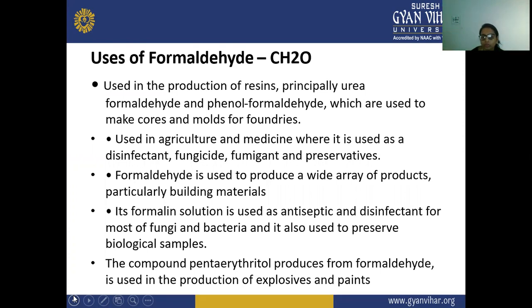So for foundry uses, they are used in making cores and molds, and it is also used in the production of resins. It is also used in agriculture and medicine, where it is used as a disinfectant, fungicide, fumigant, and preservative.